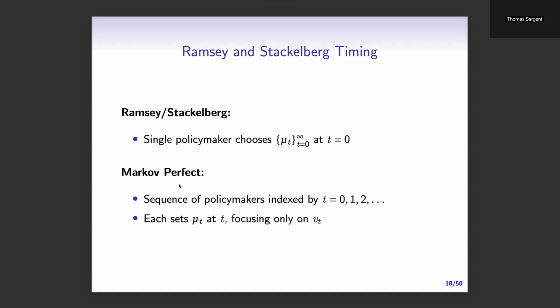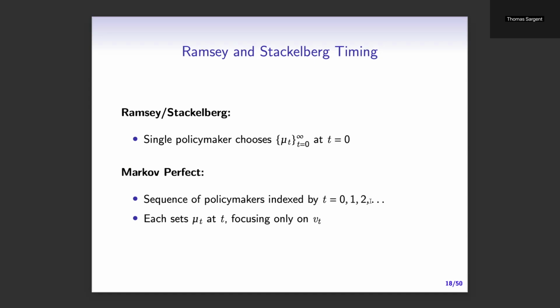An alternative, quite popular timing protocol, and keep every other aspect of the model the same, but we're going to change the timing protocol. That's going to change the model. We're going to have a sequence of policymakers indexed by t equals 0, 1, 2, and 3.